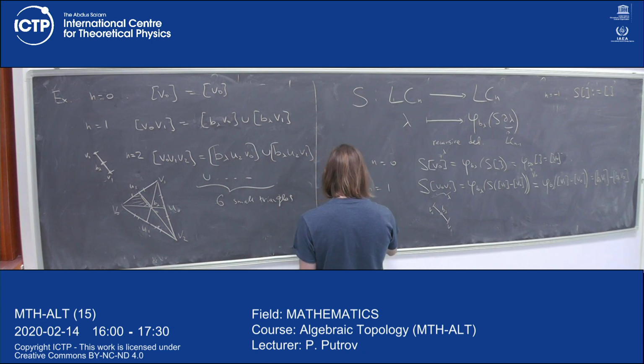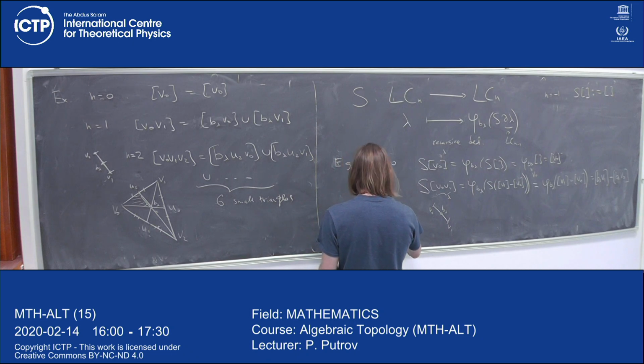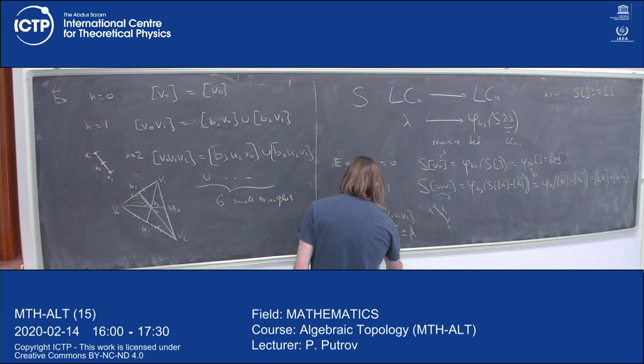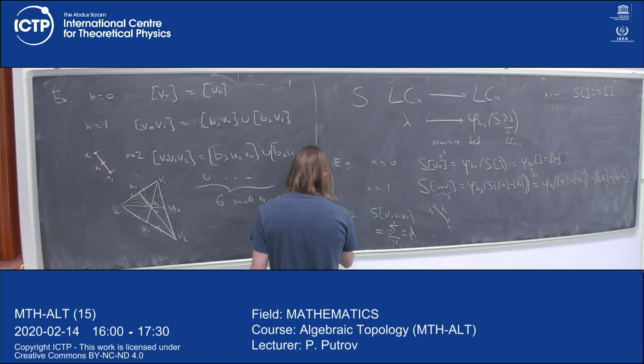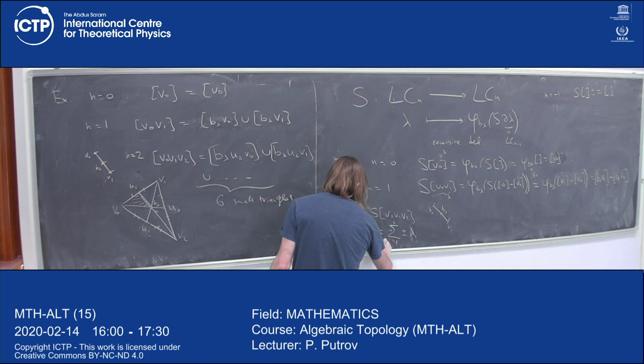And you can check the similar case, n equals 2, I leave as an exercise. But you can check that the result will be the sum of plus or minus lambda i, where i goes from 1 to 6, and the lambda i's are in the barycentric subdivision of lambda.